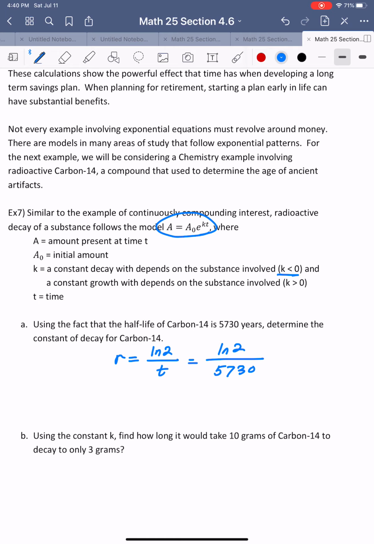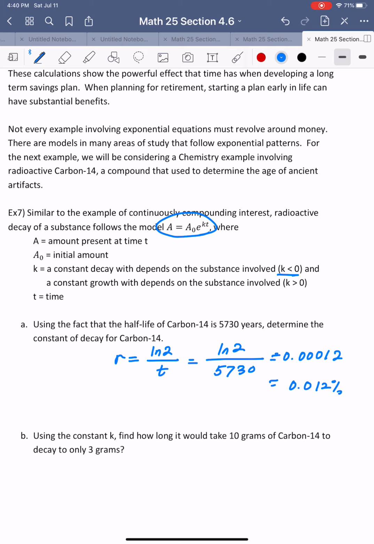And the rate is really, really small, almost 0. It's going to be 0.00012, which means 0.012%.